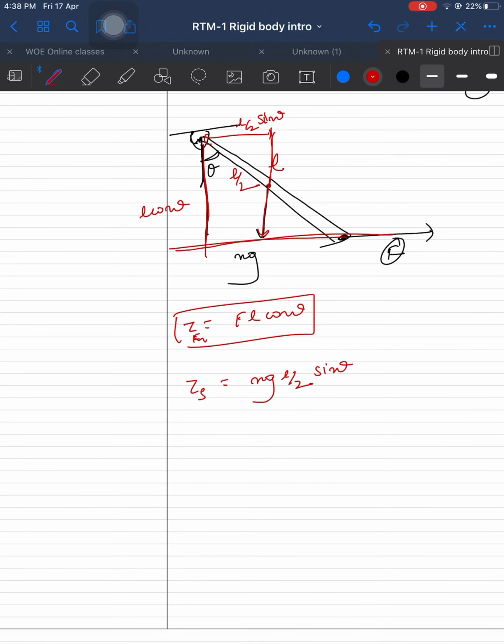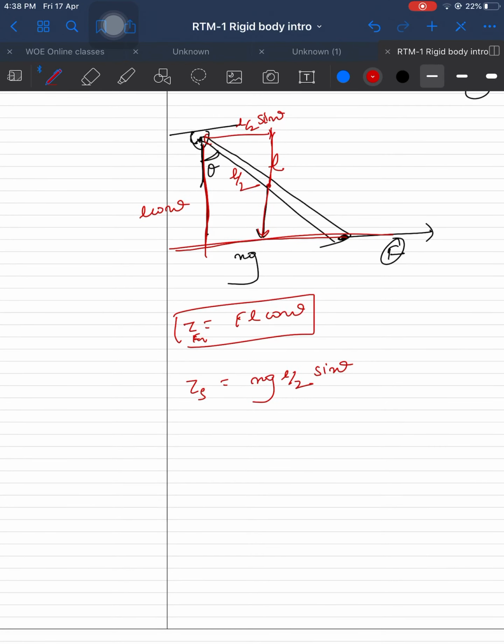Integral tau d theta: work done by external force plus work done by conservative plus work done by non-conservative is equal to change in kinetic energy, half I, because it is rotating about a point, so half I about point P omega square.